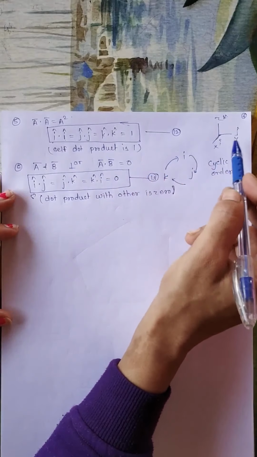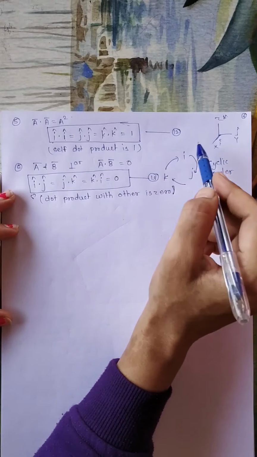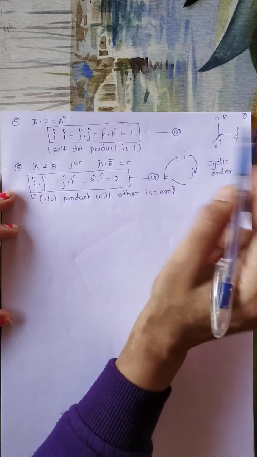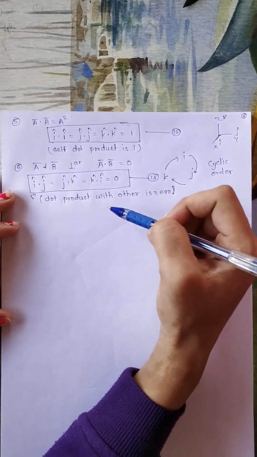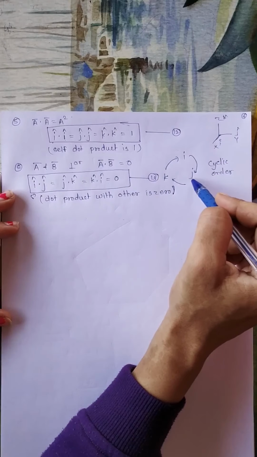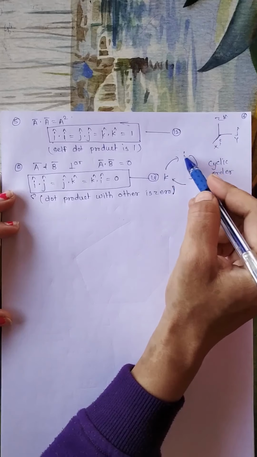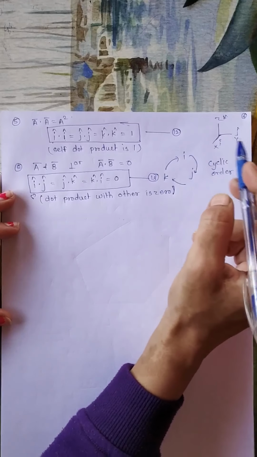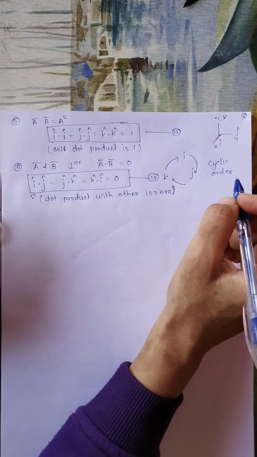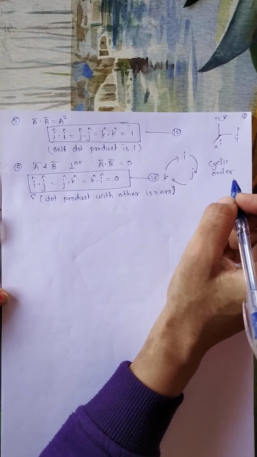That means if we take I dotted with I, j dotted with j, or k dotted with k, all will be 1. And dot product with other is 0. Means when I is dotted with j or j is dotted with k, or k with I, those dot products will be 0. So these are 6 important characteristics of the scalar product.